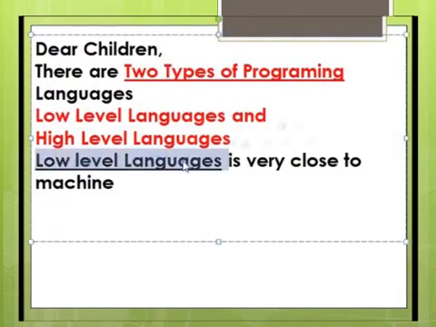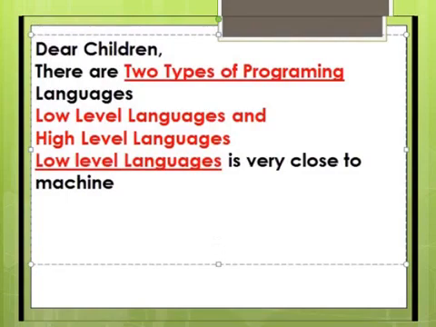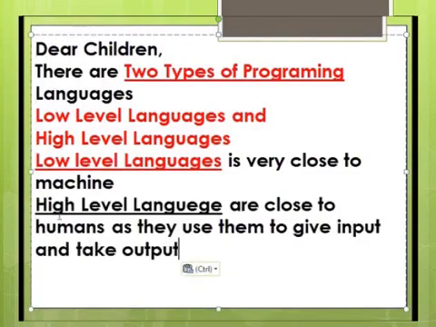Whereas a high-level language will be closer to the user. Users can give instructions to give input and output. It has to be converted into low-level language by means of another program called a compiler or interpreter, and we name them as translators.